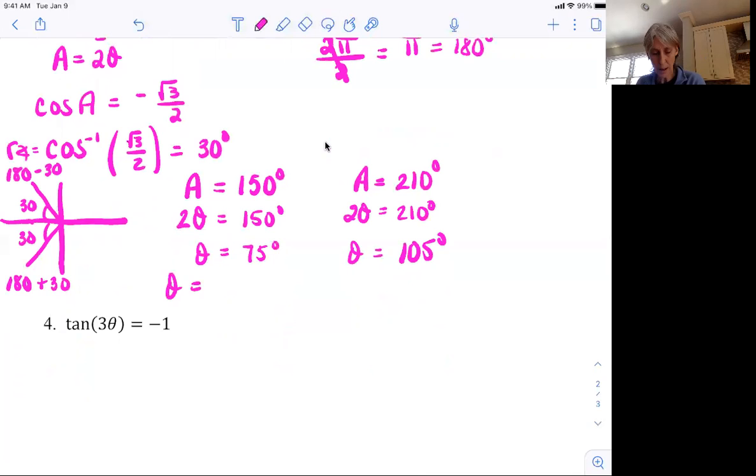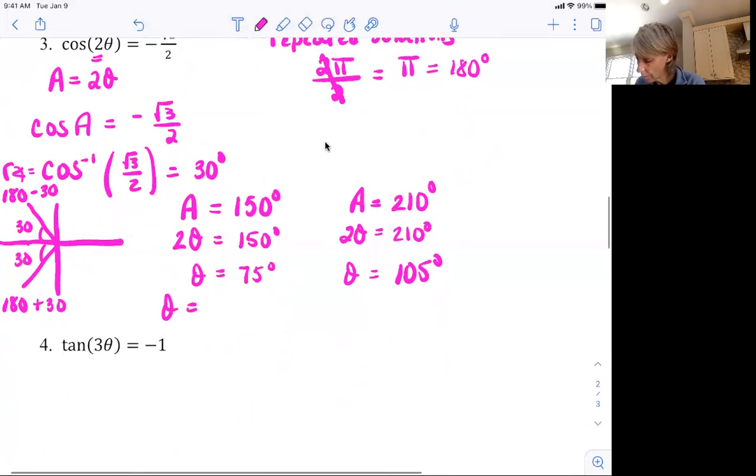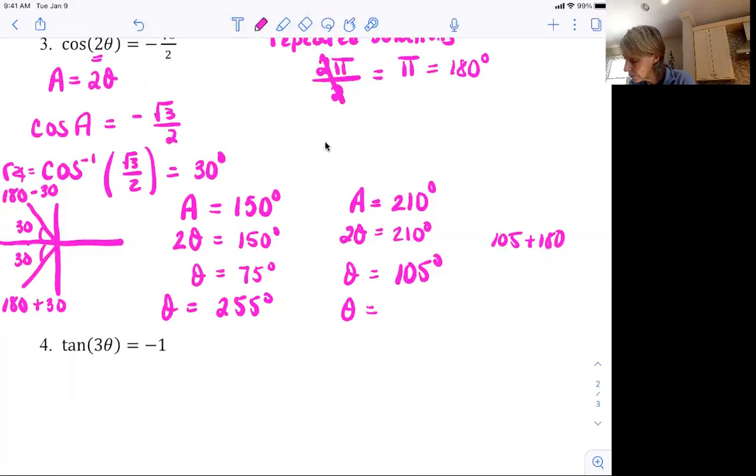So I have theta equals 75, and 75 plus 180, we did that above, was 255. Again, if I add 180, I'm going to be outside of my range. Theta is 105. 105 plus 180 is 285. It's easy to see that if you add 180, you're going to be outside.